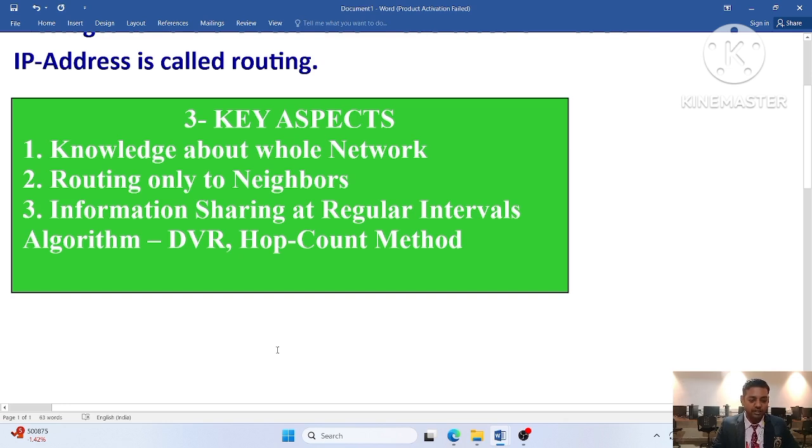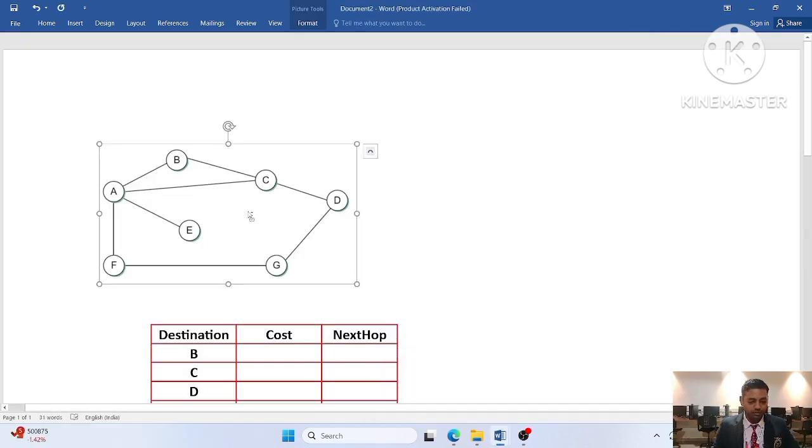First we have to take a graph. We'll consider a sample network for the distance vector algorithm.